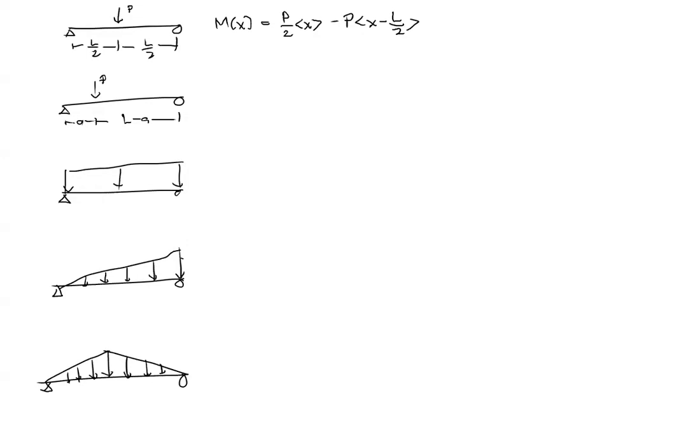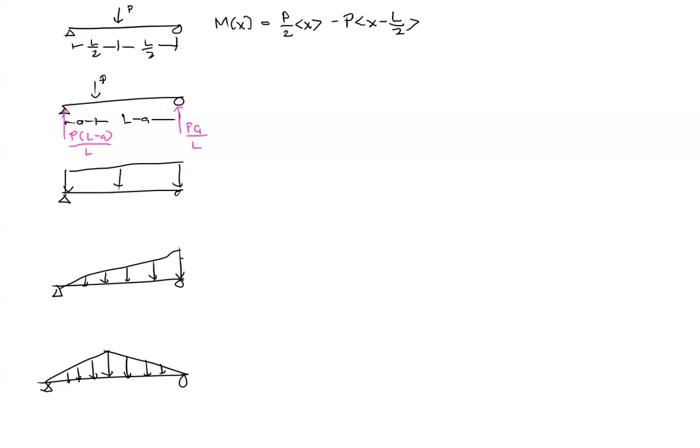Pag sinolve natin to, etong term na to will be P times L minus A over L. Itong term na to is P A over L. So, hindi naman trust me ito. Parang this is also under the topic of influence lines, which I think hindi naman na-cover sa ES102. But you can solve this yourself.